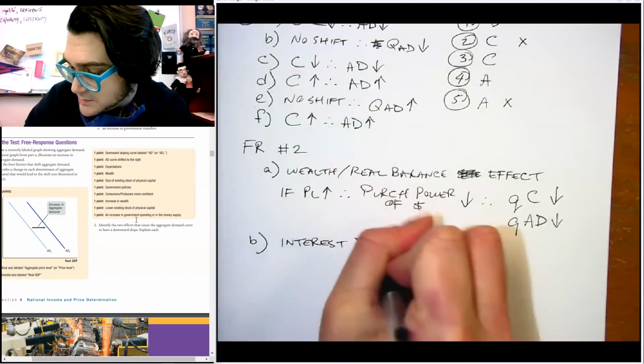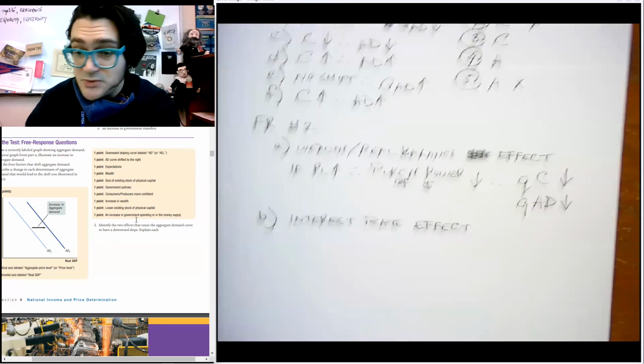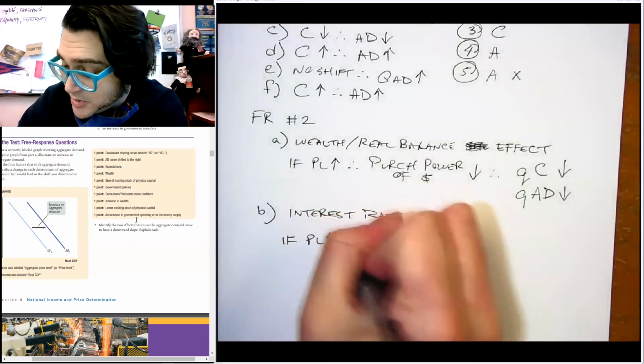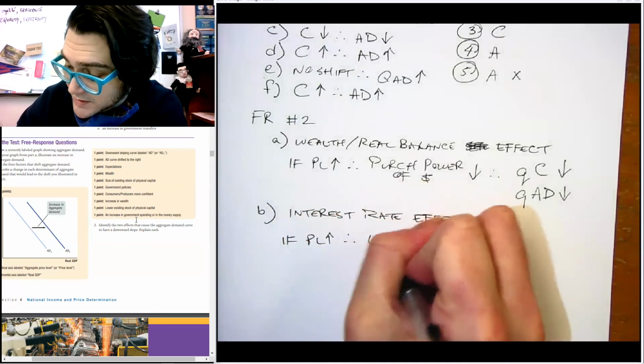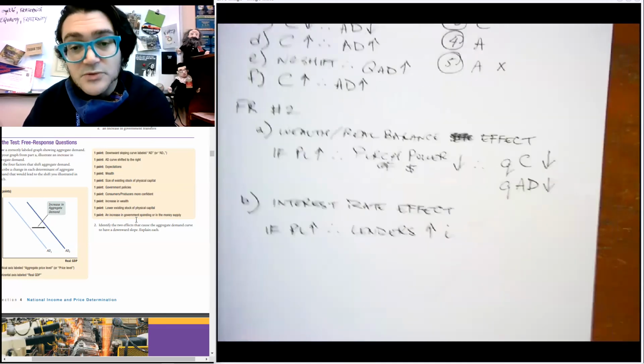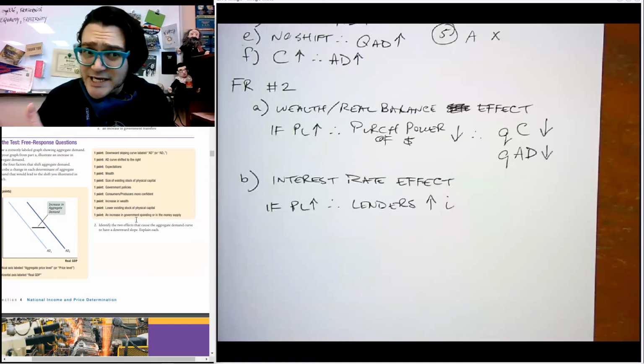Interest rate effect. I'm going to explain it with a similar story. This is direct from the lecture notes. It's the idea that if the price level goes up, lenders will increase their interest rates. They do that because they want to keep their real rate the same, or at least they're trying to.